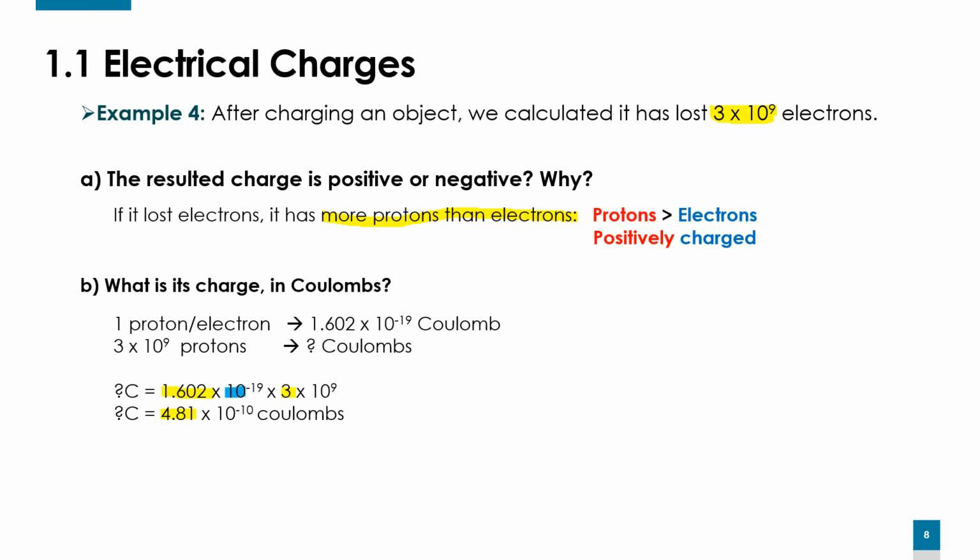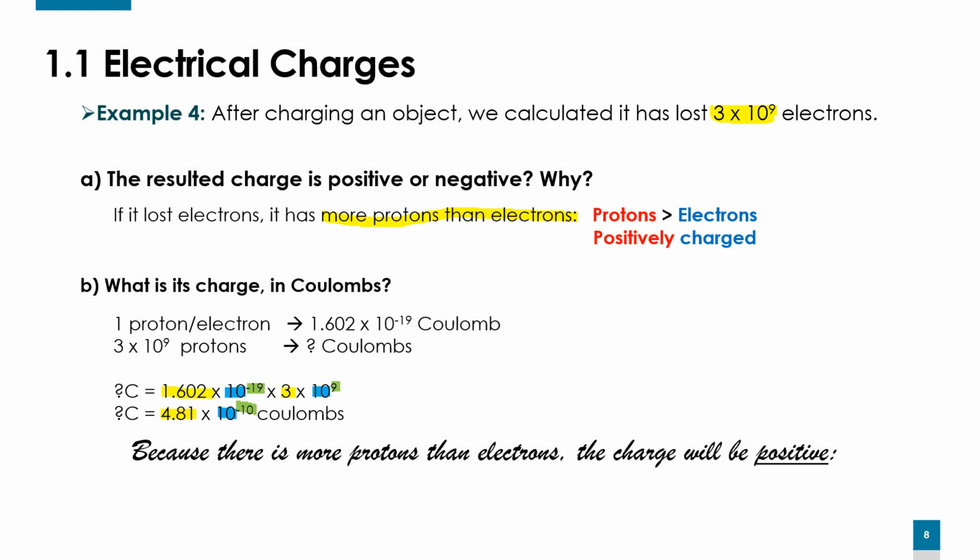So 10 here, 10 here. If it's a multiplication, keep the 10 and add the exponents: minus 19 plus 9, what do I have? Minus 10, right? This is just math. So this is the charge of my object now.